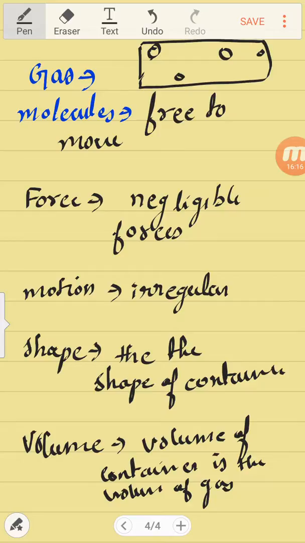It moves from higher concentration to lower concentration. And the force between two molecules is very less. Motion is irregular. Shape, it takes the shape of container, and volume of the container.